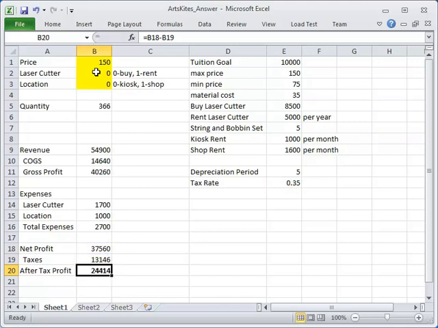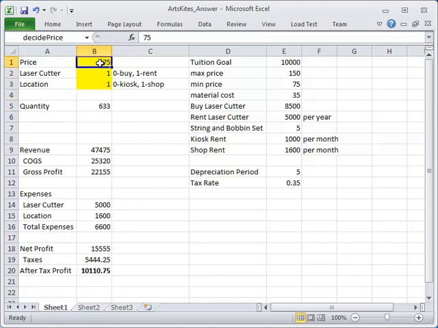Now, we've done the basics as far as handling this case and how it works. And this model will allow Bob to play with his decisions and figure out what works best for him in order to make his $10,000. Like, he might look at the model and realize that if he only charges $75 for his kites, and he rents the laser cutter, and he rents the shop, he has just enough money to cover school expenses.